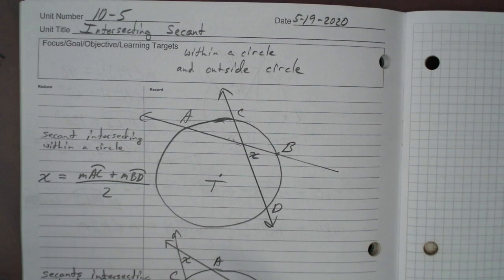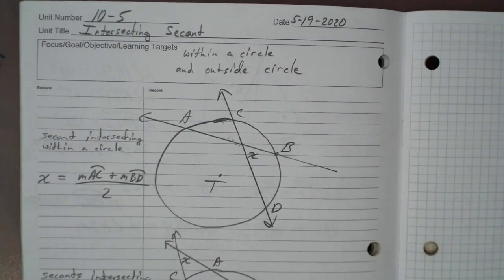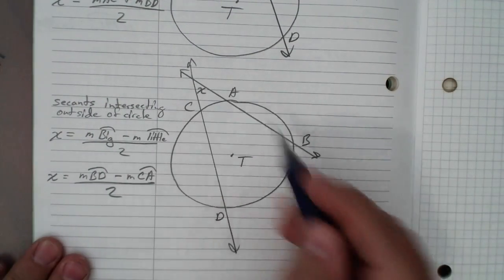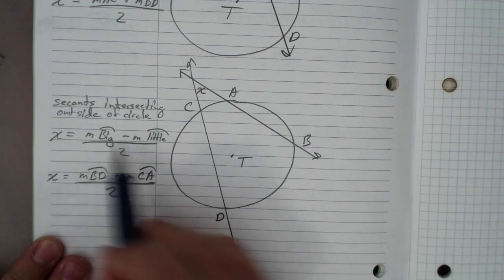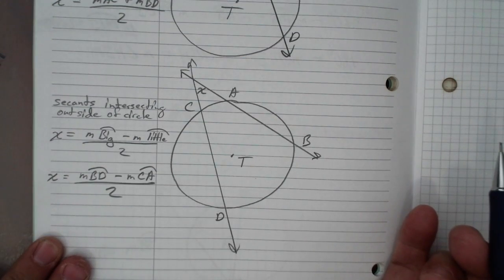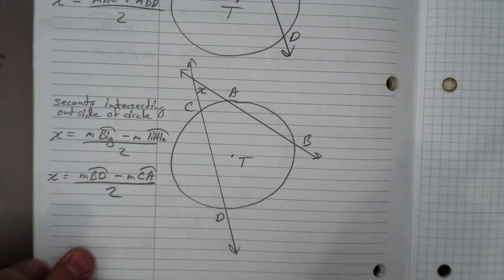So in this case, our big arc is arc BD, and our little arc is arc CA, or AC. So we have our little arc and our big arc. Measurement of the big arc minus the measurement of the little arc divided by 2 is equal to our X value. Straight formula.